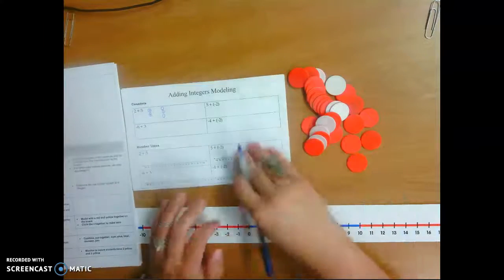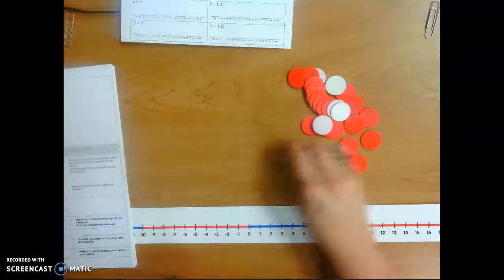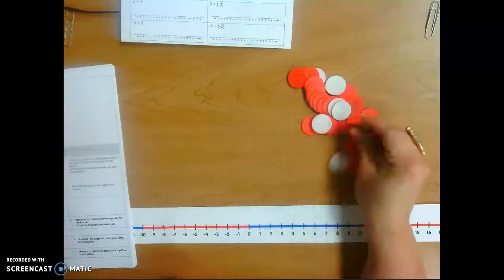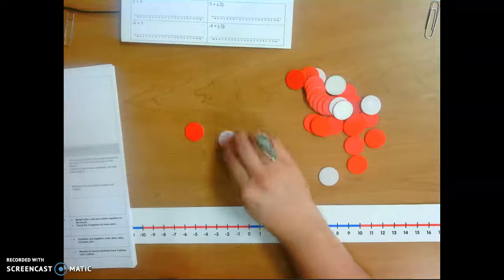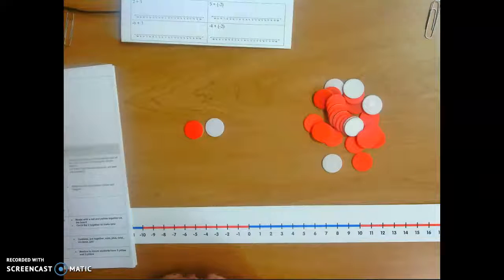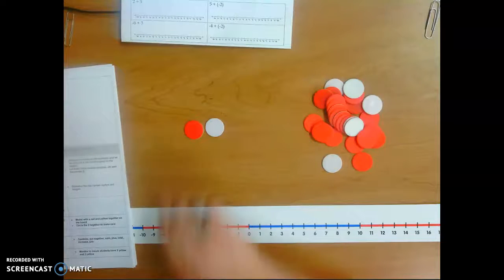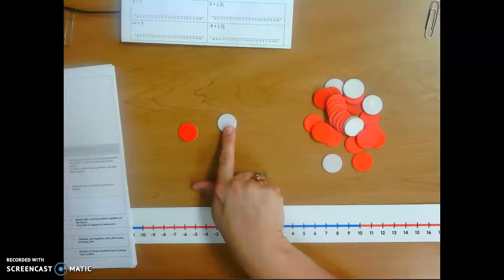So what we're going to do is you're going to have your kids grab 2 counters and first we're going to talk about 1 red and 1 yellow. Oh, these are red and white, but majority of the ones out there are red and yellow. So explain that 1 red is worth a negative and 1 yellow is worth a positive.